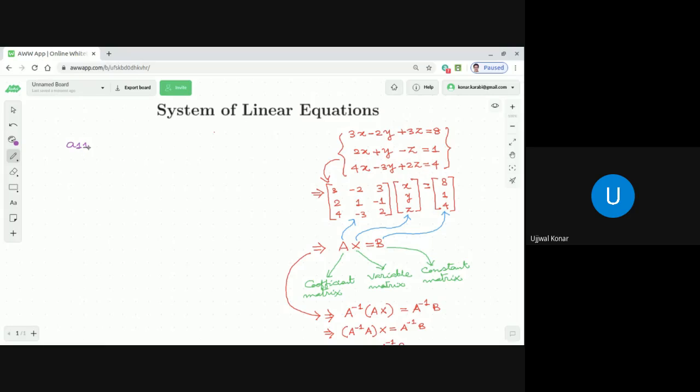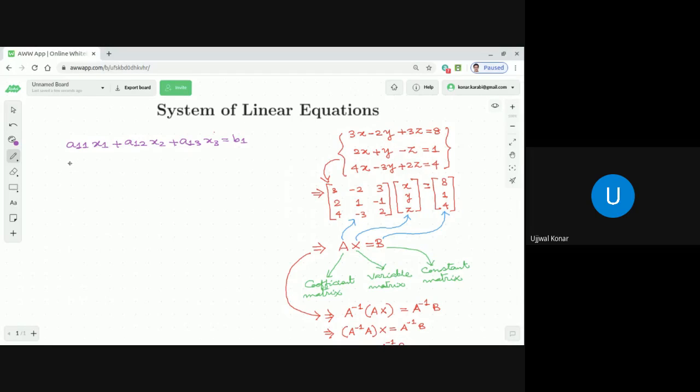So what will it be? a11 into x1 plus a12 into x2 plus a13 into x3 is equal to b1. Here, instead of x, y, z, the unknowns we took in the example, I am taking the unknowns x1, x2, x3.